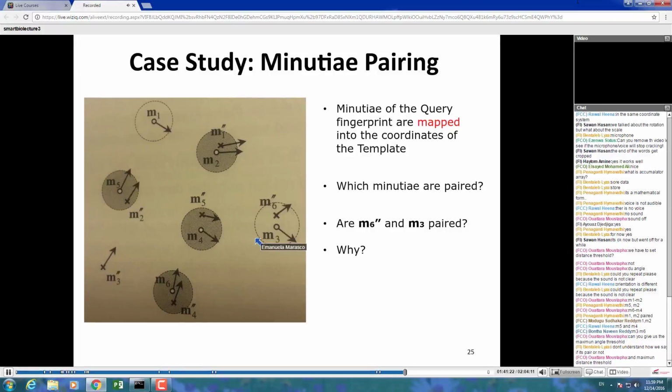If we have less tolerance, then the threshold is higher, so we have less tolerance versus distance versus difference in angle, and then fewer minutia will be varying, right? So this is the answer that I can provide. I cannot provide a number, but it depends on the tolerance that we want to have in the system.